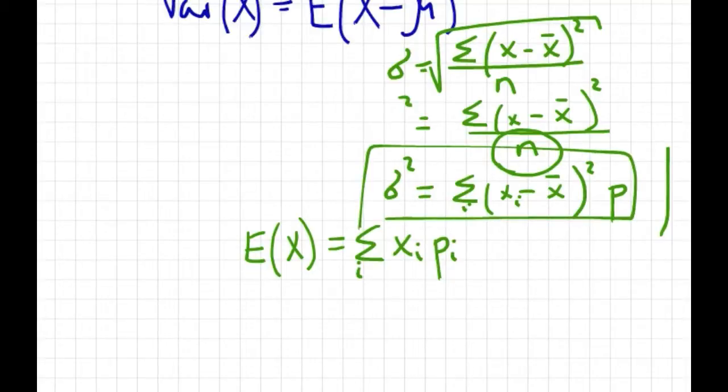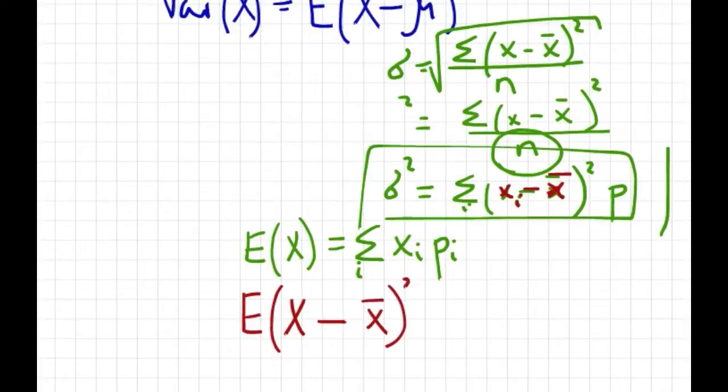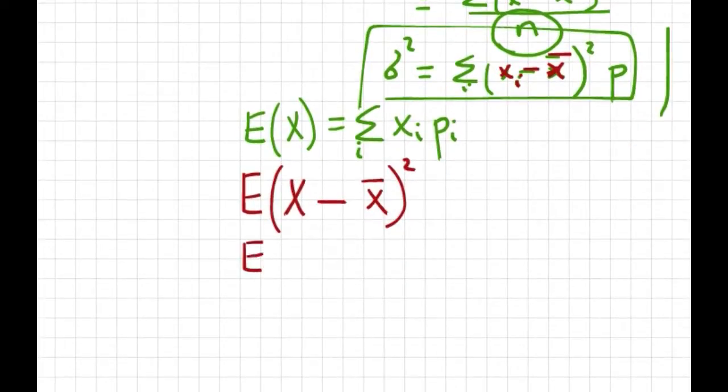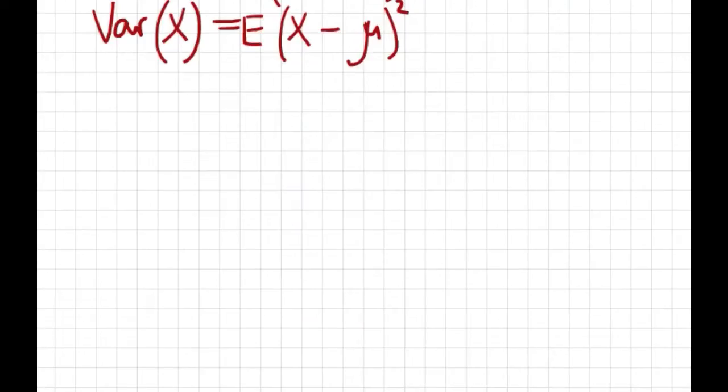Only instead of just x, we now have x minus its mean value. So instead of just having expected value of x, we will have expected value of x minus its mean value squared. But as we know, the mean value is mu, so the formula actually becomes expected value of x minus mu squared.